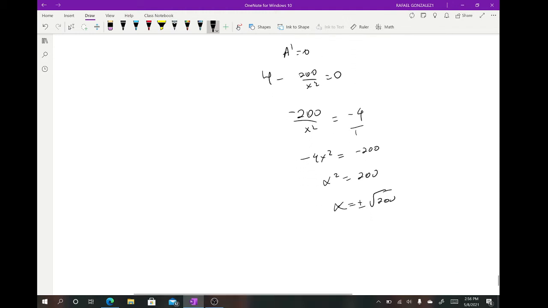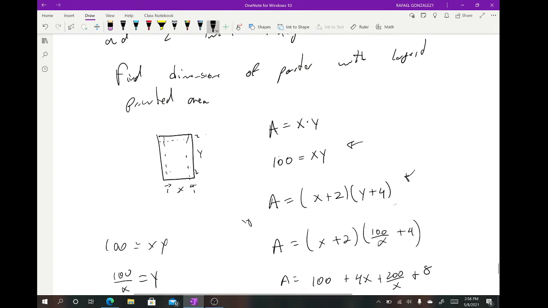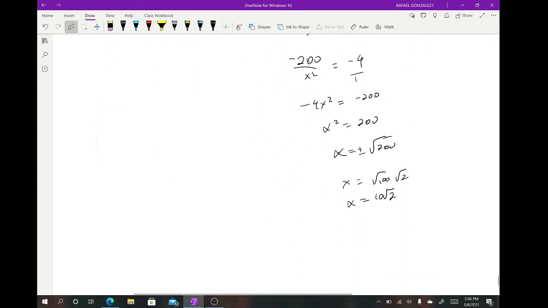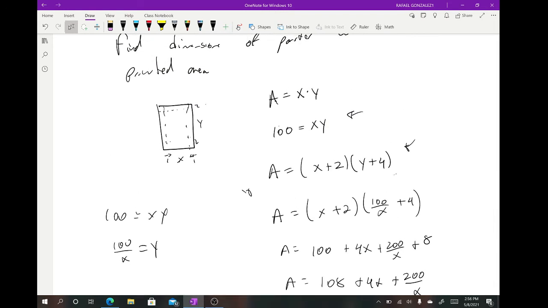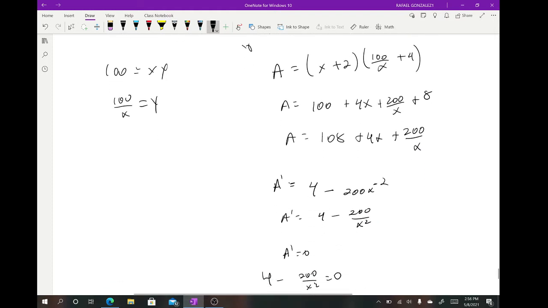Now, because area is positive, we don't care about the negative answer. There's going to be radical 100 times radical 2, which is going to be 10 radical 2. So we have a value for x. The value for x that maximizes the area is 10 times radical 2. Now, what is the value for y? Well, I could plug in here for x and get a value for y.